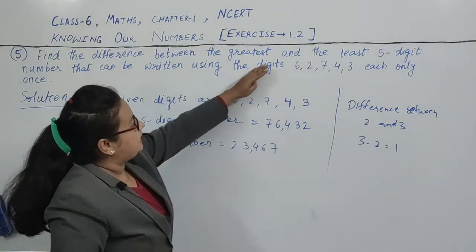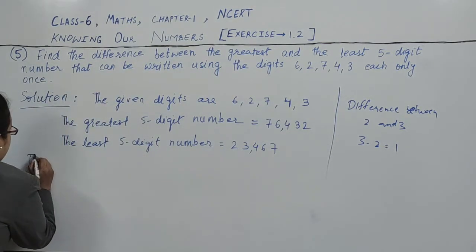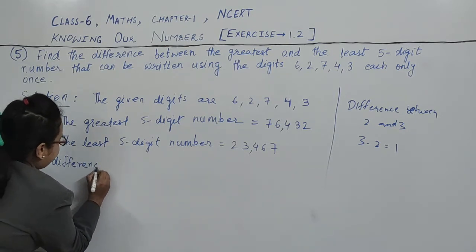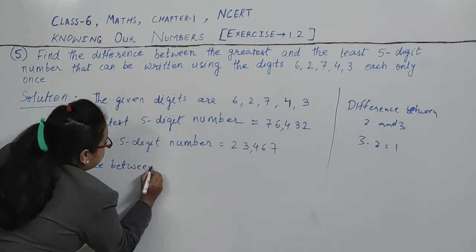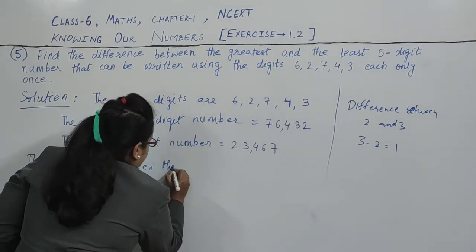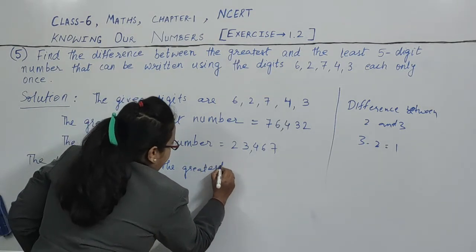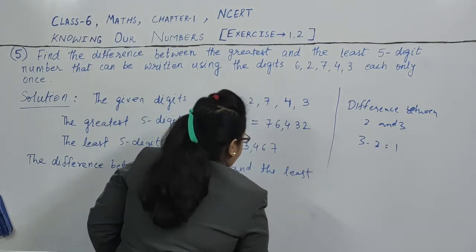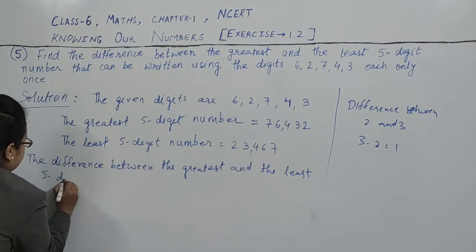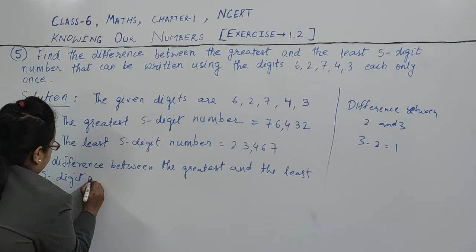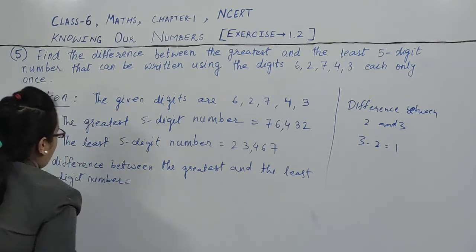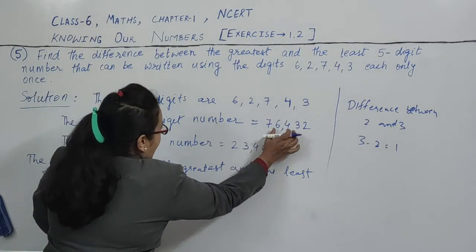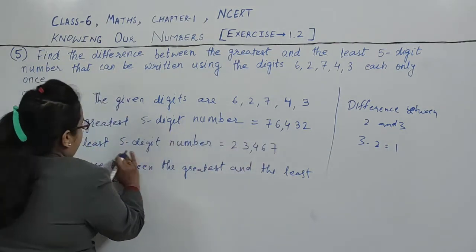So the difference between the greatest and the least 5-digit number, we have to subtract this from this, because this is the greatest 5-digit number and this is the smallest.